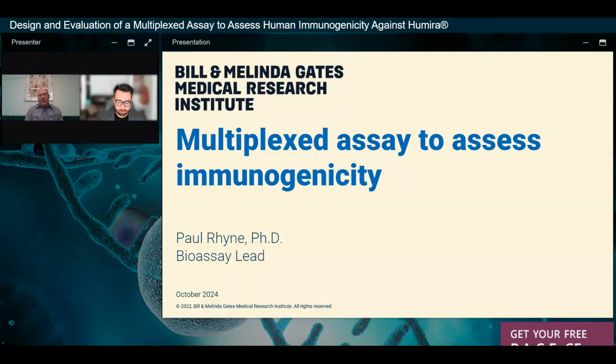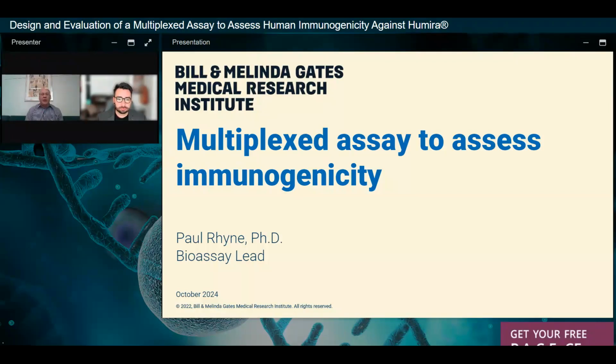As far as challenges, the first thing that you have to do when you do this Luminex approach is make sure that the drug itself is involved in the detection and capture steps. Otherwise, you run the risk of just measuring human IgG in your sample, which you don't want. So you have to devise a scheme where purified drug, in this case mostly biotinylated Humira, was used in all of the assays.